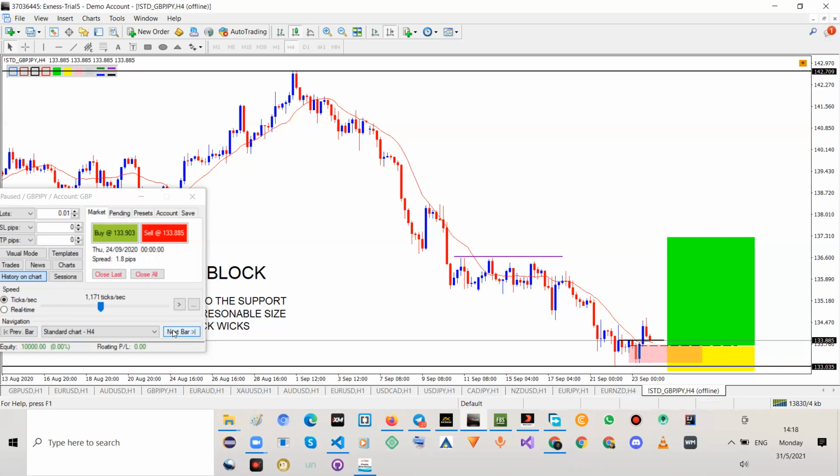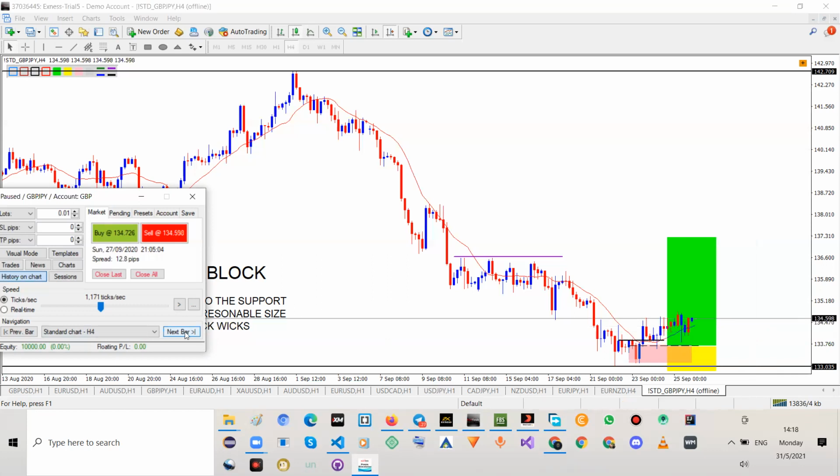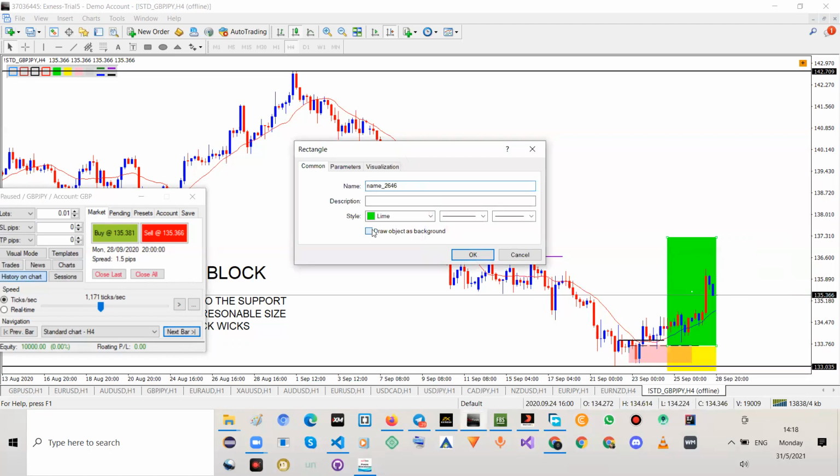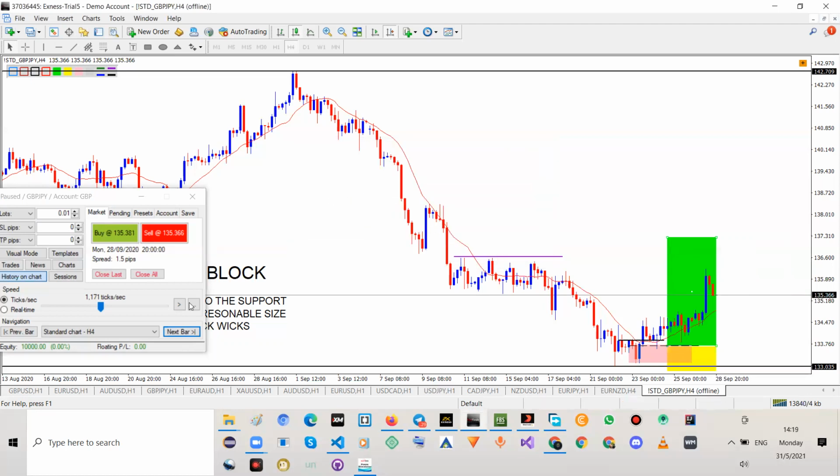And you can see that our trades would have been executed, and that's the reaction that we're looking for, and price starts to plummet upwards.